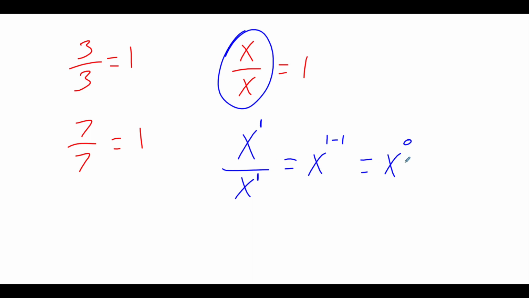And now we just said that we're going to get x to the 0 when I take x to the first divided by x to the first. Well, x to the 0 is 1 because what we're really doing in there is taking something and dividing it by itself. If we took x squared and divided it by x squared, we would subtract those exponents. So 2 minus 2 is 0, and again we would get 1.